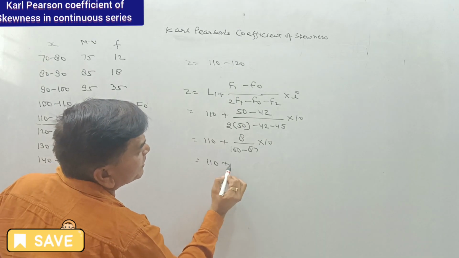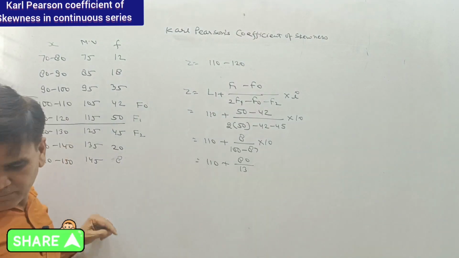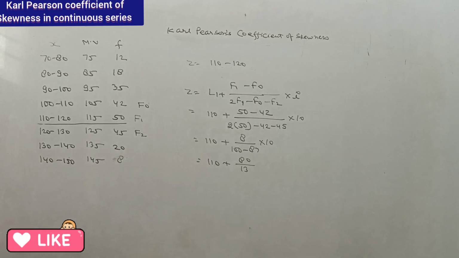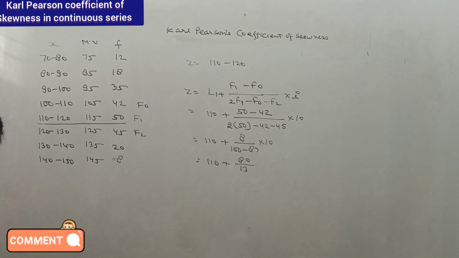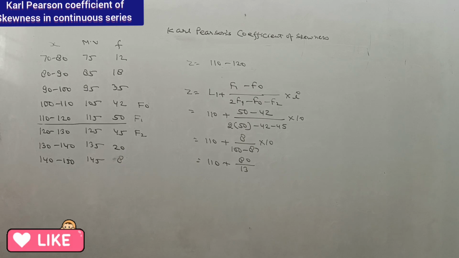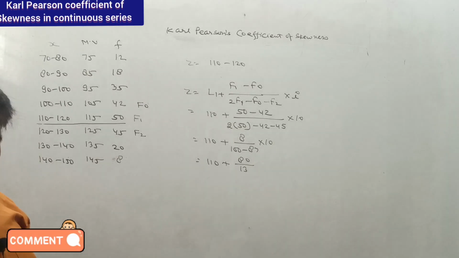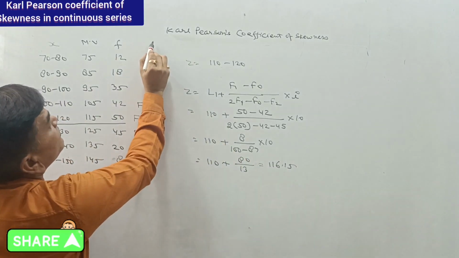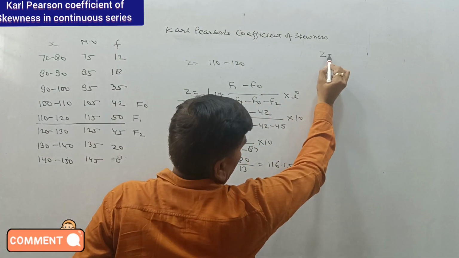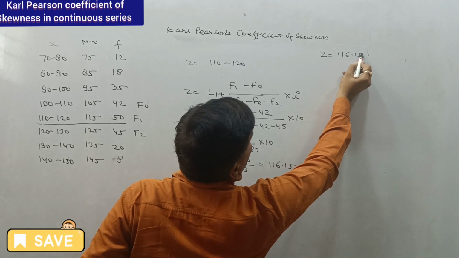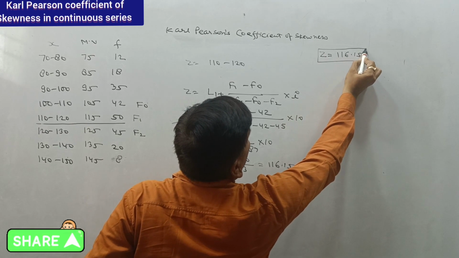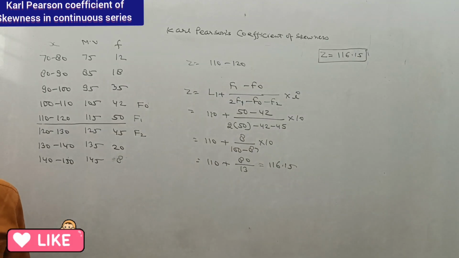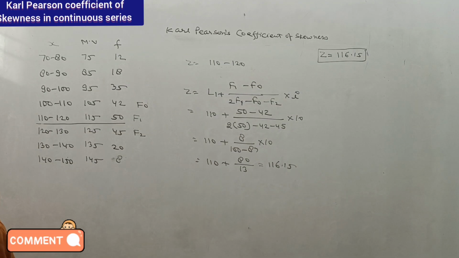So 110 plus 80 divided by 13, which is 116.15. So the first value we have calculated, the value of Z, is 116.15. The modal value is 116.15.